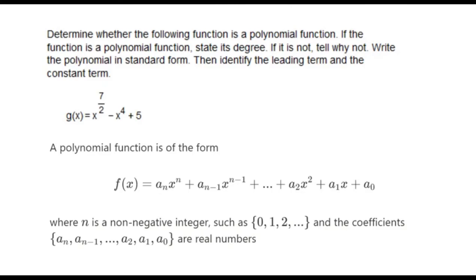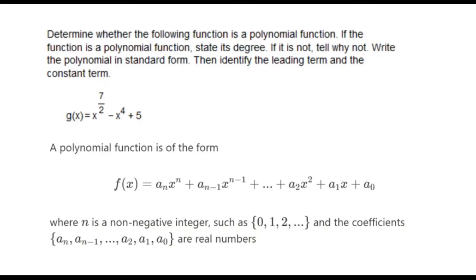So the key thing that we want to pay attention to is that n, that power on our x, needs to be a non-negative integer, which is 0, 1, 2, 3. So the powers on our variable x are restricted to these numbers.